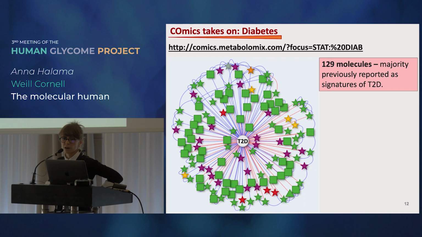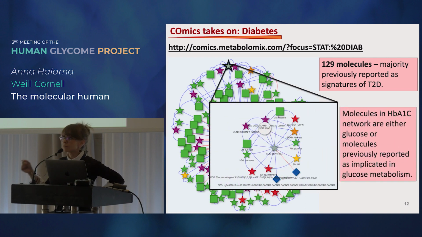You can always further ask questions, what about specific pathways which are dysregulated in type 2 diabetes? And here, for instance, you have HbA1c, which can be used as a proxy of glucose metabolism, and you can further explore the pathways around.